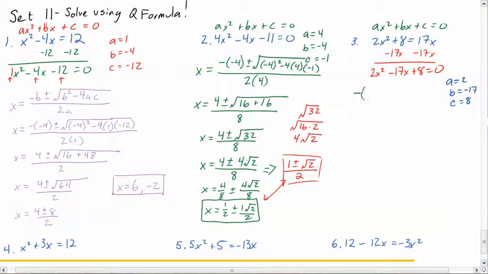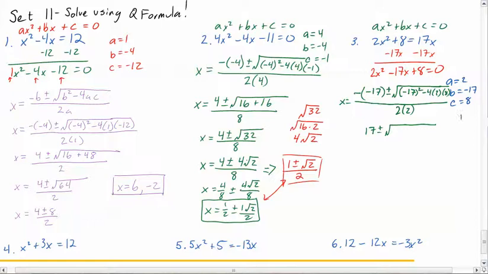So negative, and b was negative 17, plus or minus the square root of b, which is negative 17, squared, minus 4 times a times c, all divided by 2 times a. Alright, so negative 17 is positive 17, plus or minus the square root.